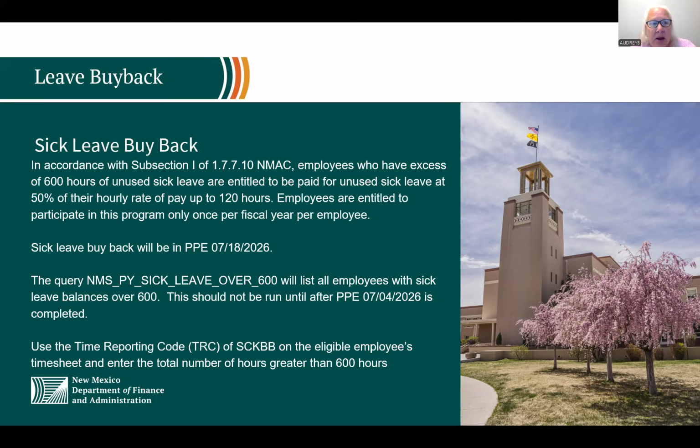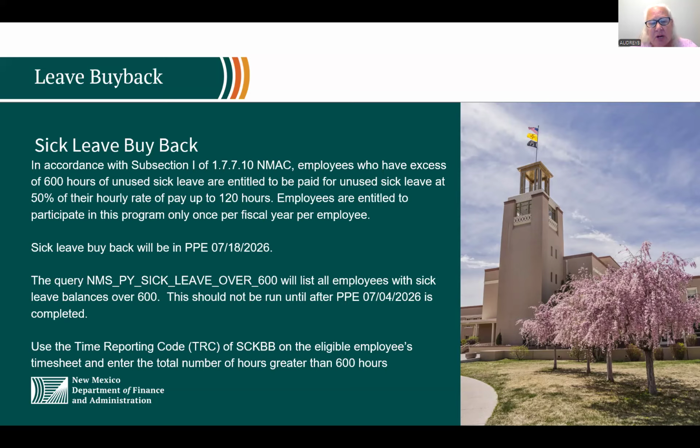Because we are aware that there are multiple employees doing this, we do accept an Excel spreadsheet with the name of the employee, ID number, and how much they're selling back, and DFA will second approve any of those inputs once we get that Excel spreadsheet. So make it easy on yourself, make it easy on us.